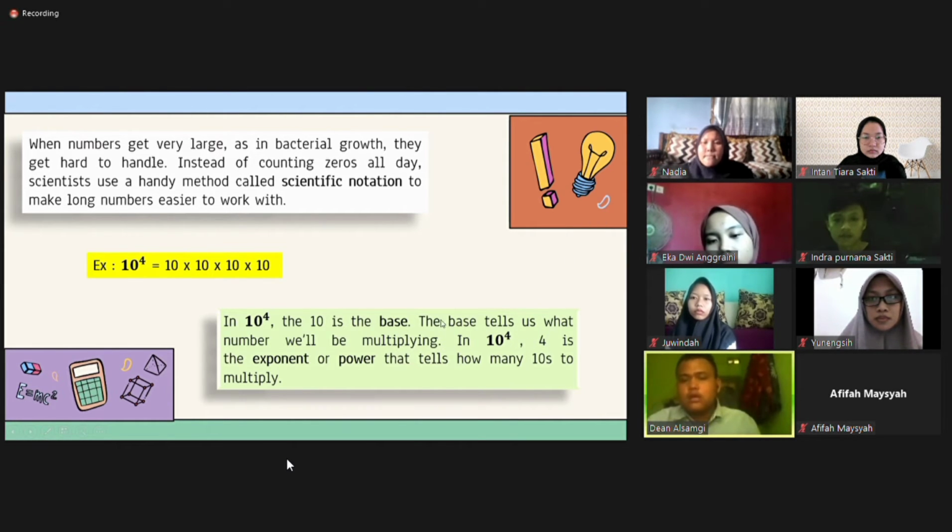So if it is 10 to the power of 5, then multiply 10, multiply 10, multiply 10, multiply 10, multiply 10. So it equals 5 multiplications.